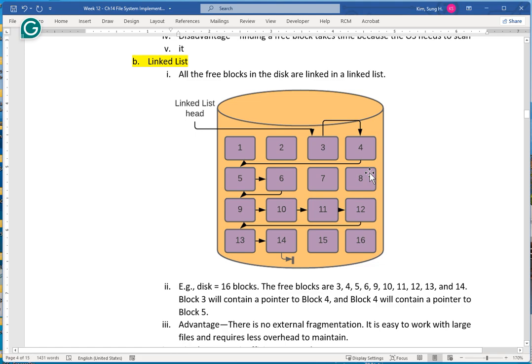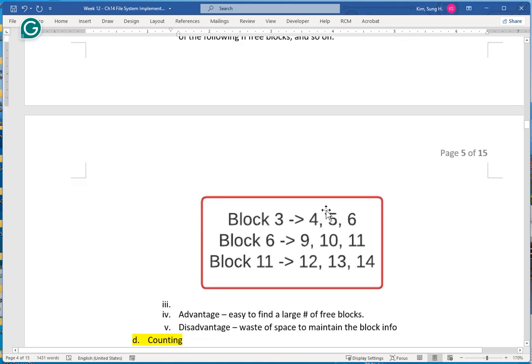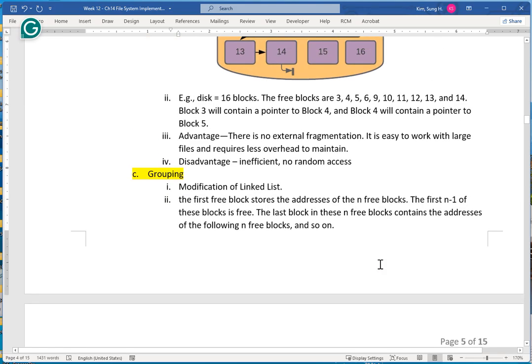The third one is called grouping, because it has groups of blocks that are available. You can have three blocks available here, 6 blocks available there. In block 6, there are three of them available. At block 11, there are three of them available, and so on.